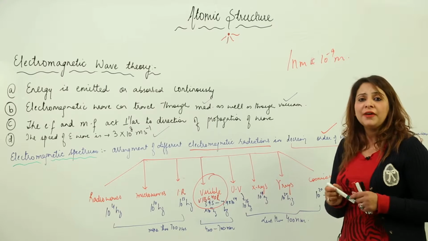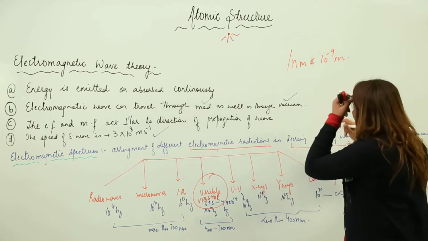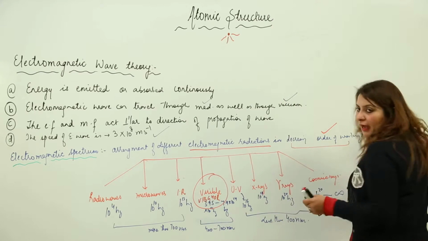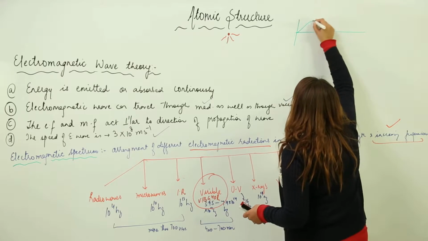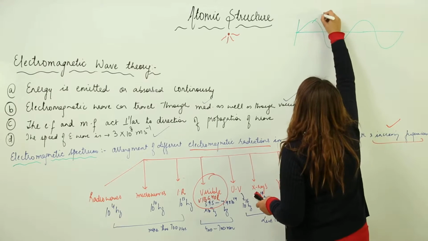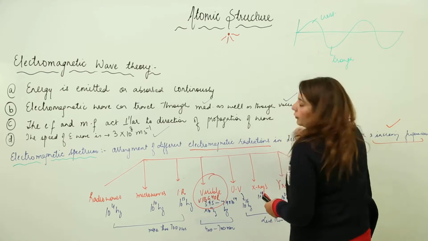Now, you are familiar with the characteristics of a wave also. If we want to talk about the characteristics, we have certain wave parameters. Suppose this is my wave. This elevation is called the crest and this depression is called the trough, right?